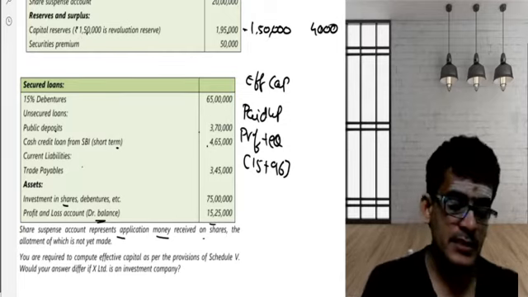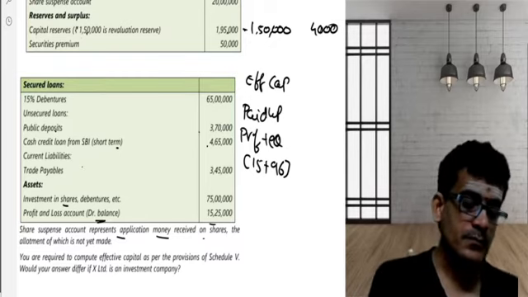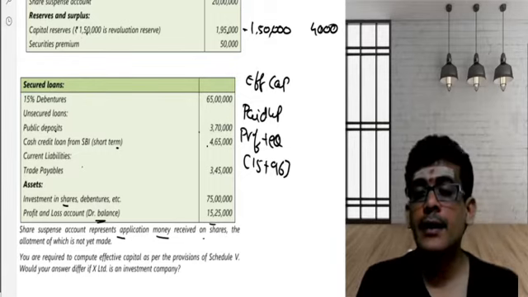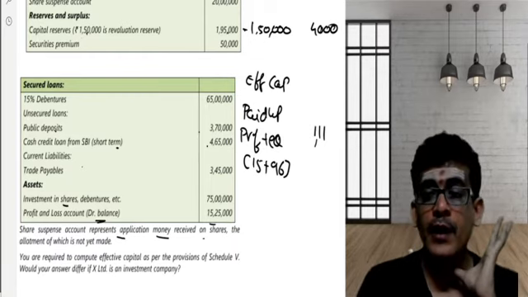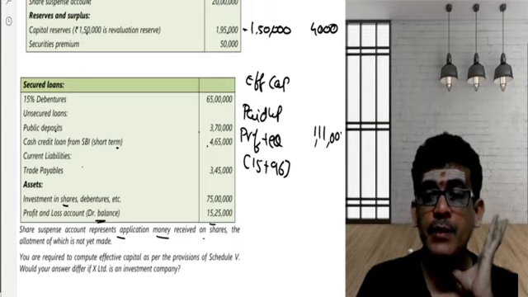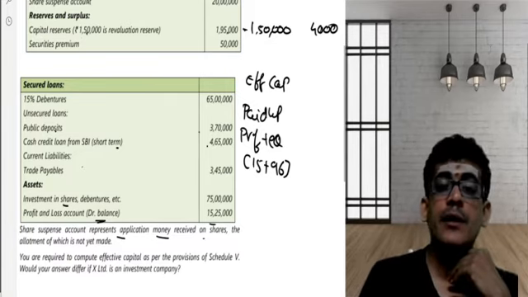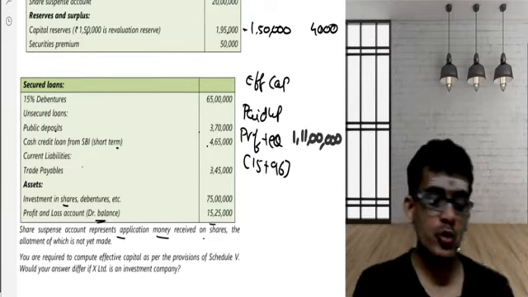Let us see how much you are getting: 15 lakhs plus 96 lakhs, the aggregate is 111. So 1 crore 11 lakhs is the aggregate of the paid up capital which you are getting.